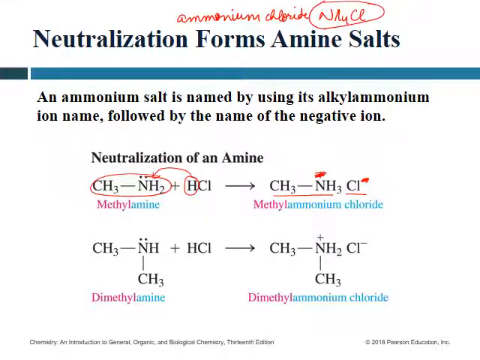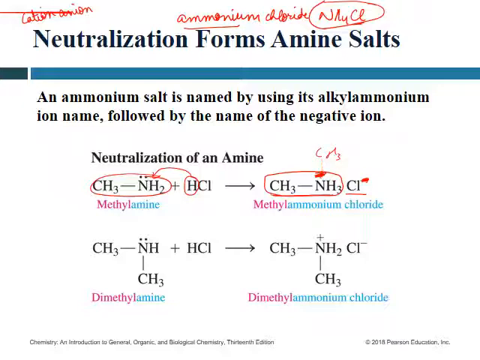That's how we write the polyatomic ion name, right? Name of the cation followed by name of the anion. Cation here is ammonium, anion is whatever you have. In this case the cation is this whole thing, so it would be called ammonium, but what ammonium? Methyl ammonium. If you put an ethyl here, it would be ethyl ammonium. If I take one more hydrogen and replace it with CH3, it would be dimethyl ammonium.